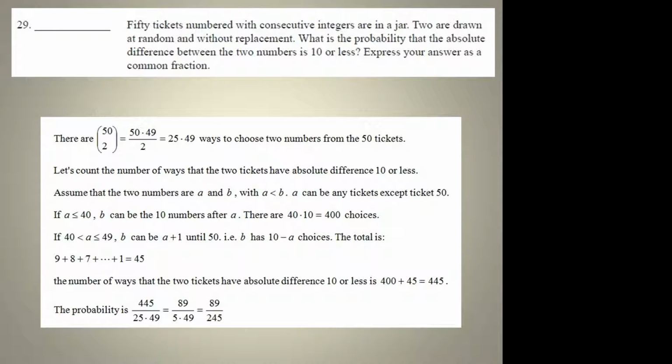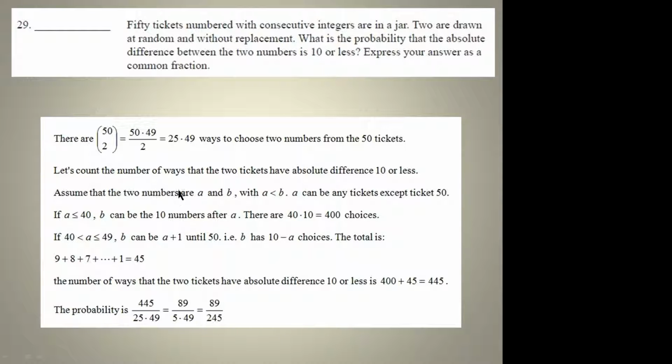So that's why you divide it by 2. Okay, so divided by 2 will cancel 2. You got 25 times 49. Don't multiply this out. Okay, if you multiply it out, you do extra work, and it will not help you.